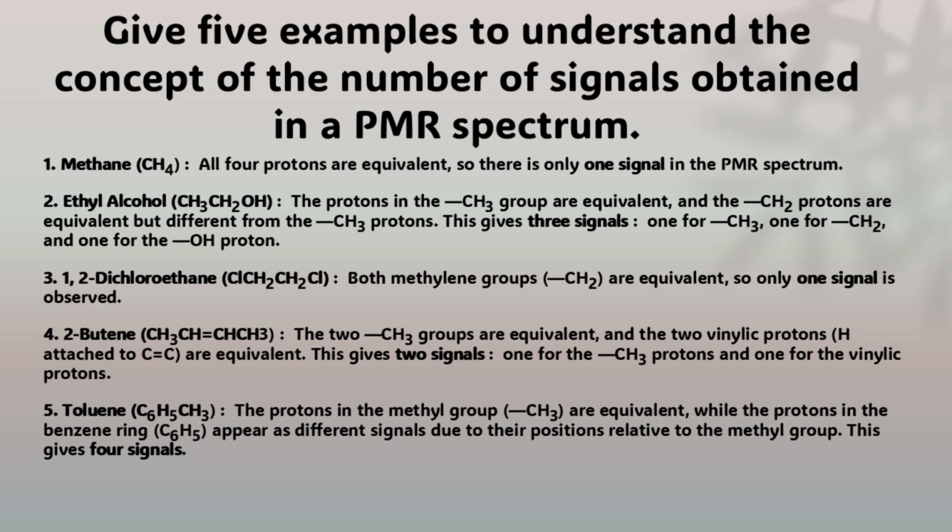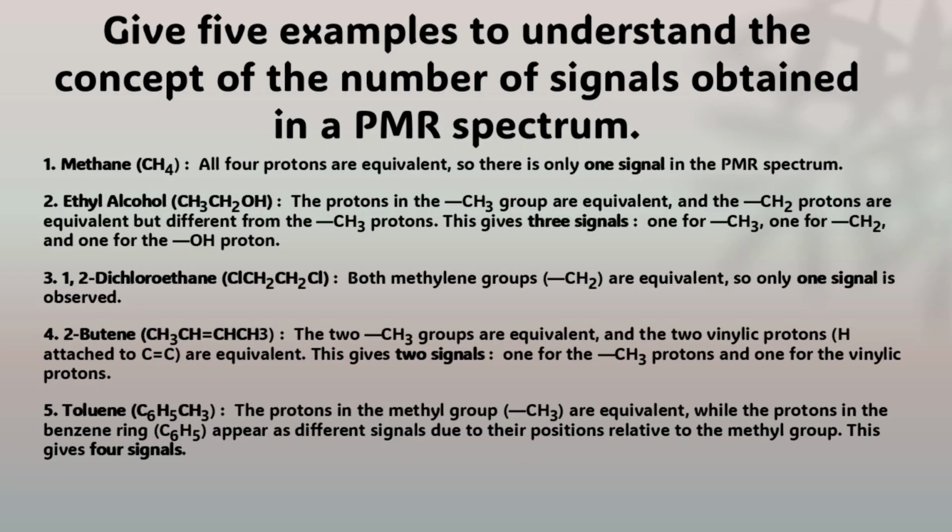The protons in the CH3 group are equivalent, and the CH2 protons are equivalent but different from the CH3 protons. This gives 3 signals, one for CH3, one for CH2, and one for the OH proton. 3. 1,2-Dichloroethane, ClCH2CH2Cl, both methylene groups, CH2, are equivalent, so only one signal is observed.